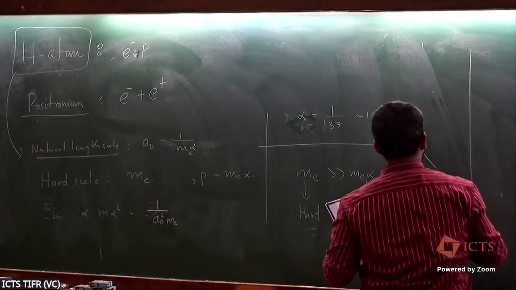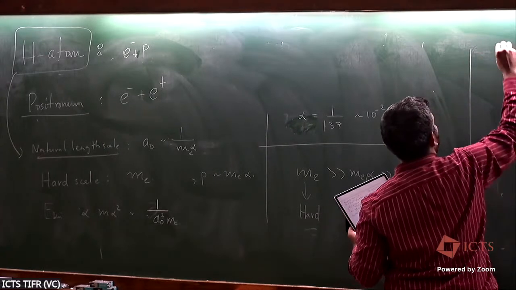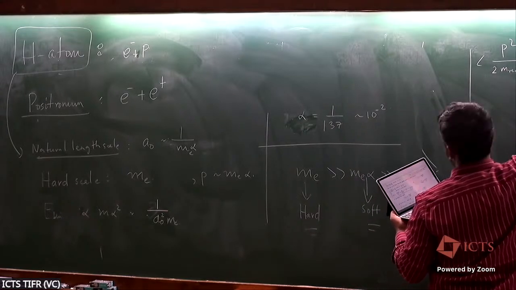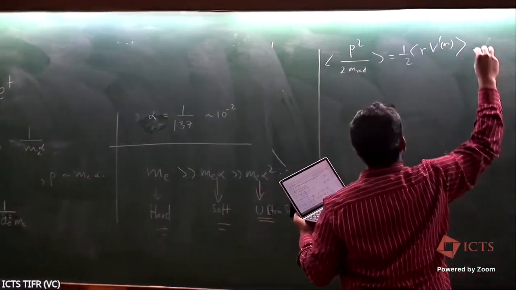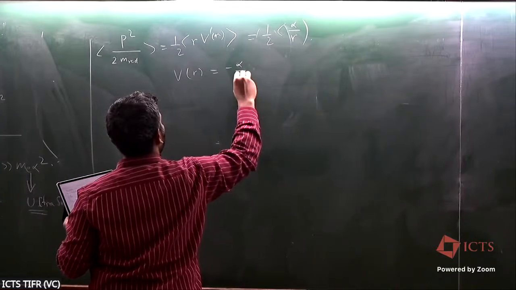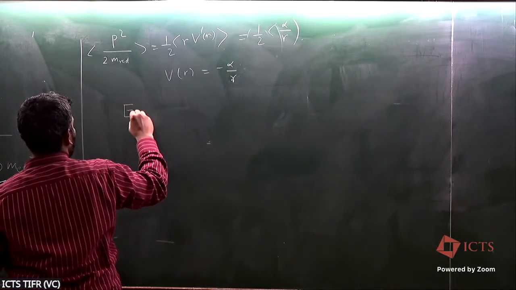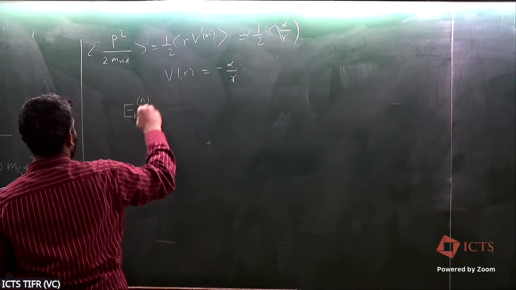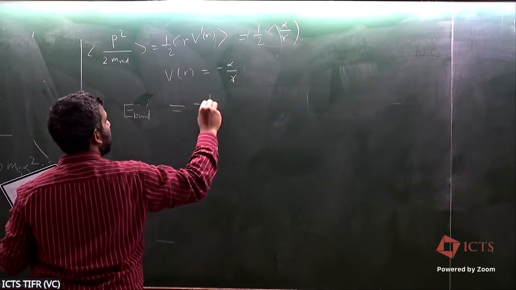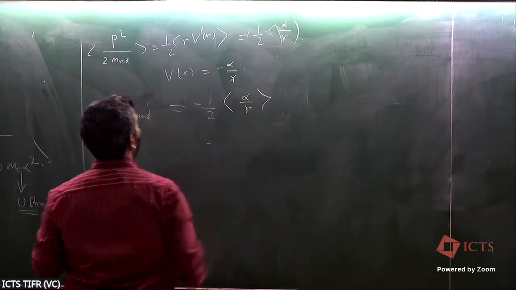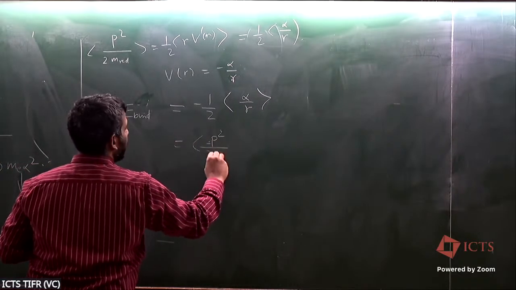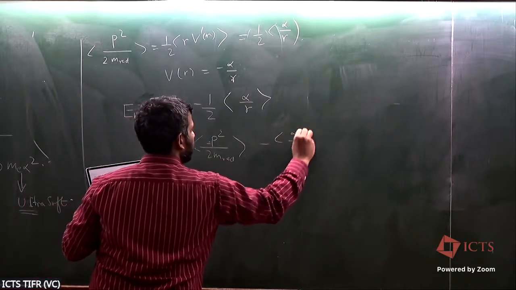If I do the virial theorem, then my P square over 2m reduced is 1/2 times R V prime of R, which is 1/2 alpha by R. So my V of R is minus alpha by R. And my binding energy, let's forget the index n, it's not important, is minus half alpha by R, because you use this condition, and this is coming from P square over 2m reduced minus alpha by R. So this will give me this.